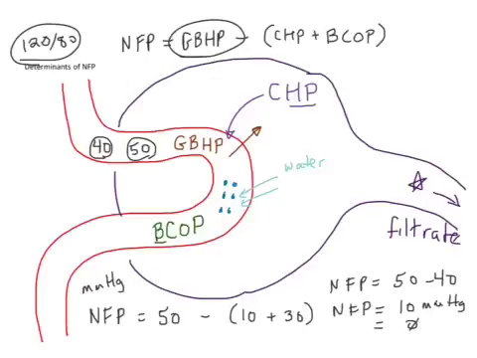So this is an important calculation to understand, and especially in understanding as a summary that these three forces, what they are, how they influence it, how if one of them changes, we're going to get a change in the overall net filtration pressure.